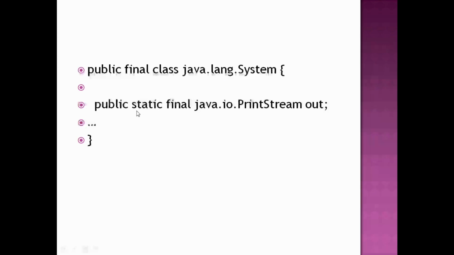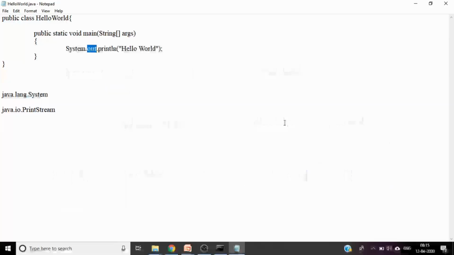And how it is declared, please notice, it is marked as static, right? So if the System class wants to access this out variable, since out is marked as static, the System class can access it by saying class name dot that variable name. So the System class will be able to access the out variable like this: System.out.